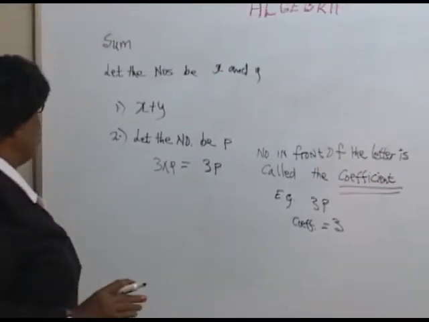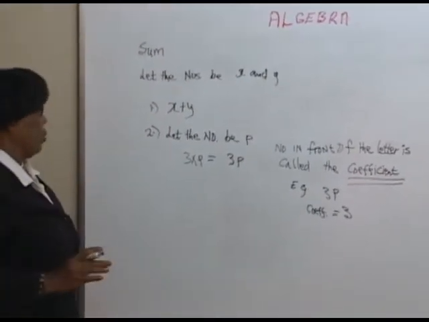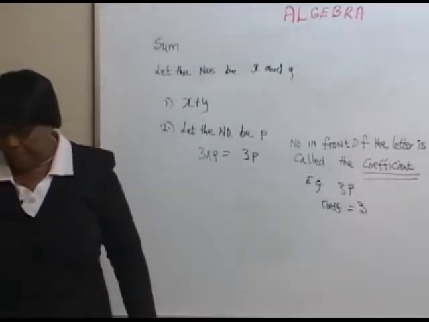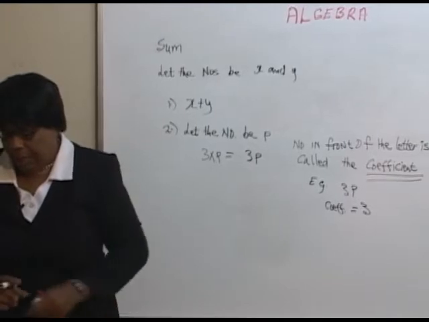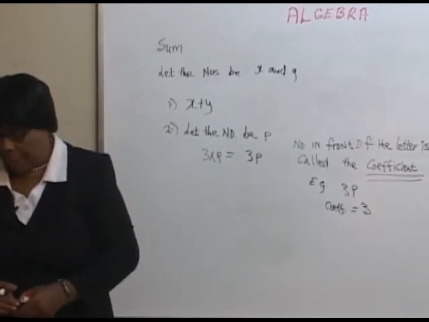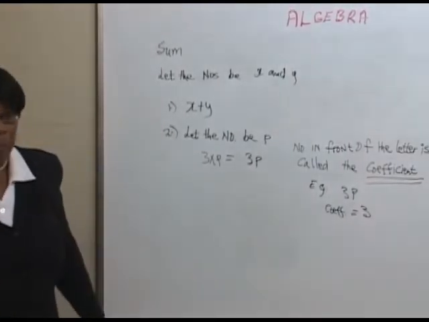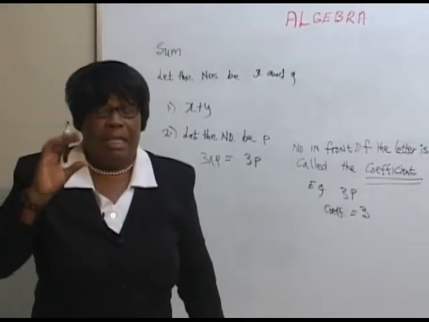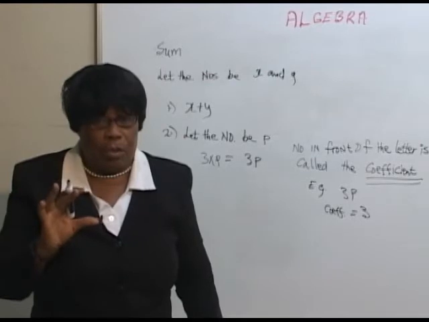So we know the sum of two numbers, x plus y, the number 3 times the number would just be 3P. Now, if it says one number divided by another number, again, we have the choice of using letters to represent those numbers.